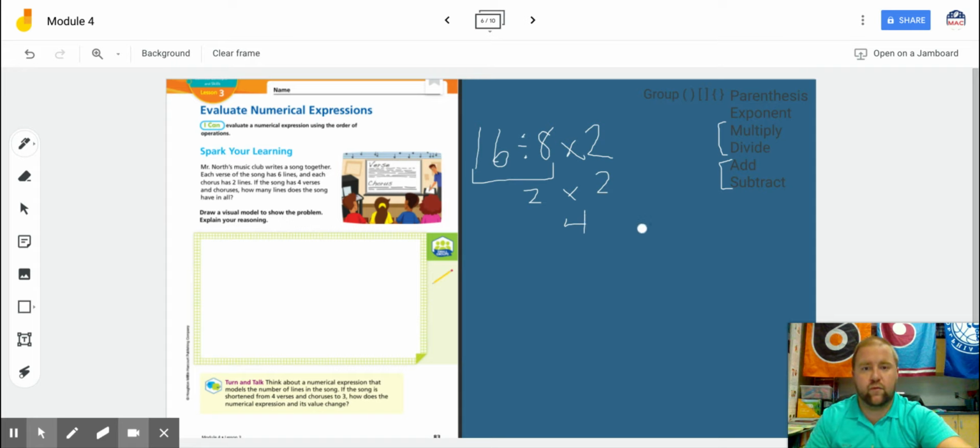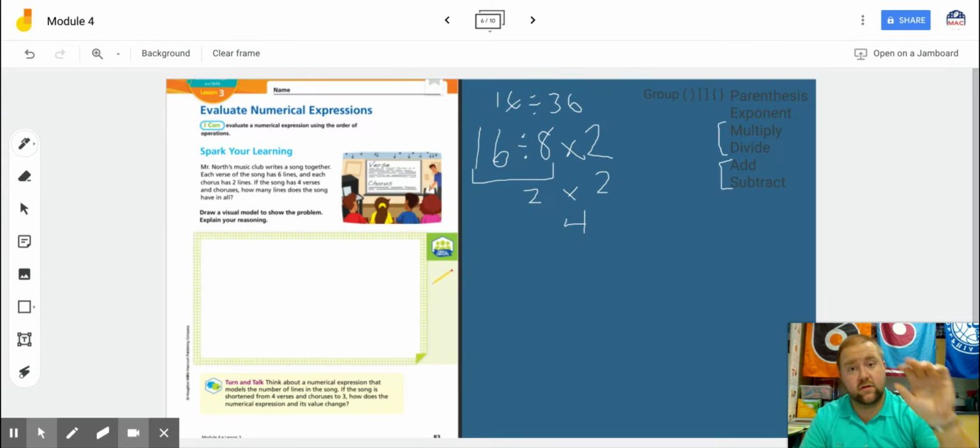Now, in some problems, it may not make a difference. This one, it definitely does, because if you did 8 times 2 first, that would give you 16 divided by 16, which is 1, and you can't tell me that would give me 4. So make sure you understand that with the order of operations, multiplication and division are best friends, so whoever comes first goes first.